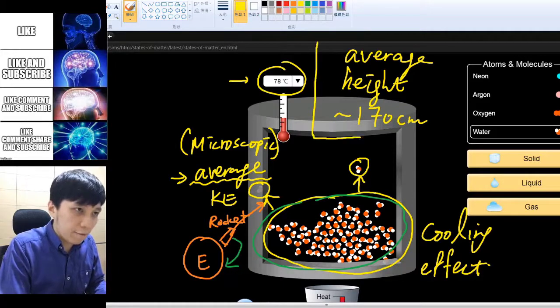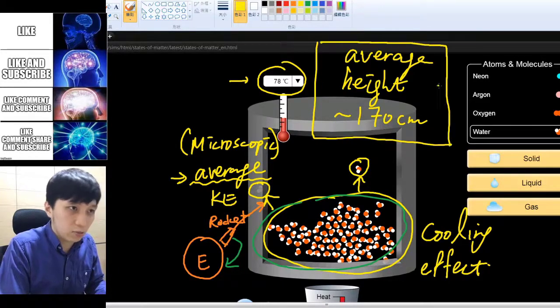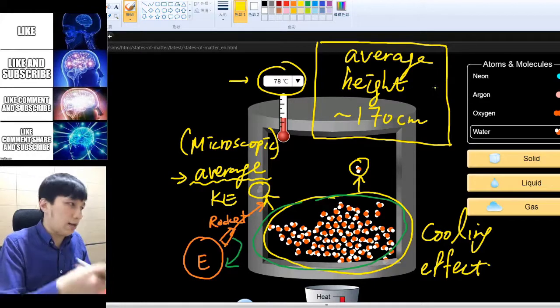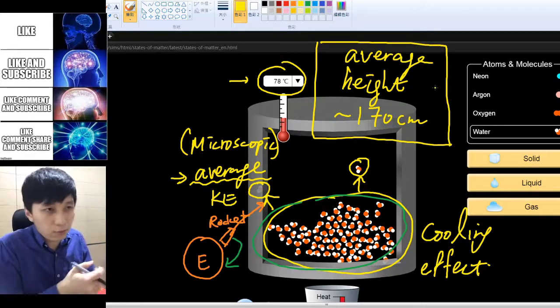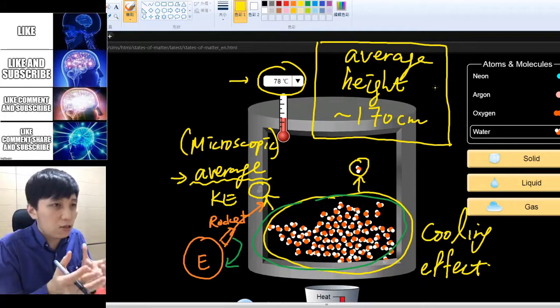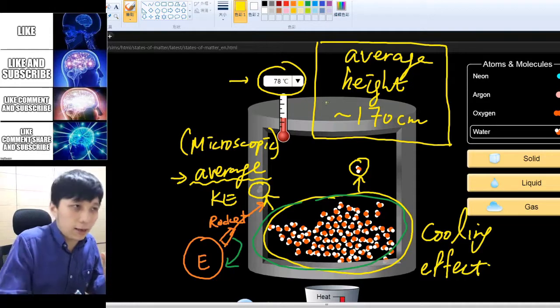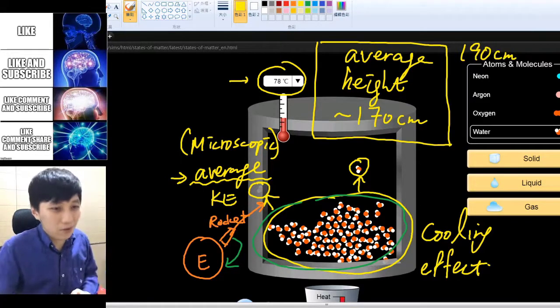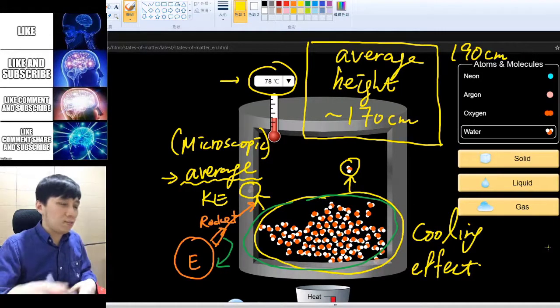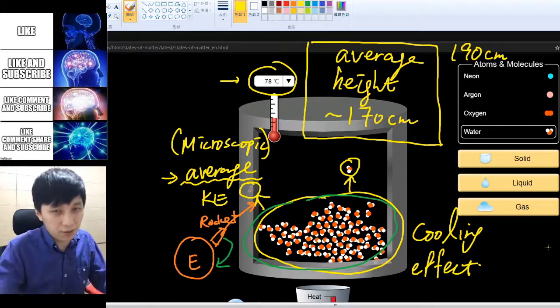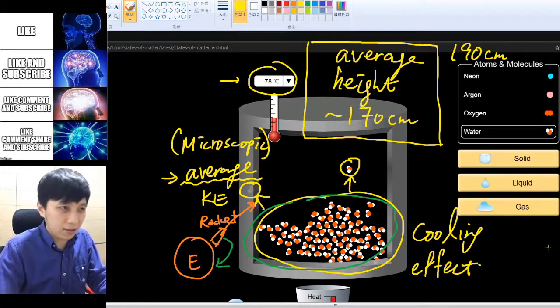If our average height in the class is 170, and someone who is really tall, I'm not going to call the name, but let's say someone who is 190 cm, is absent today, sick, taking a sick leave.